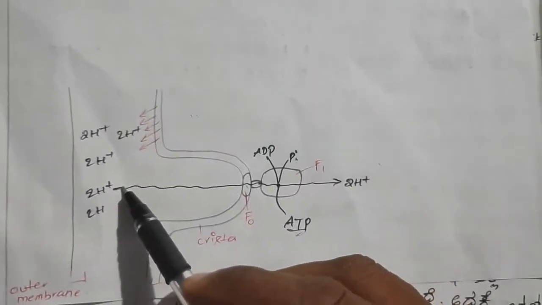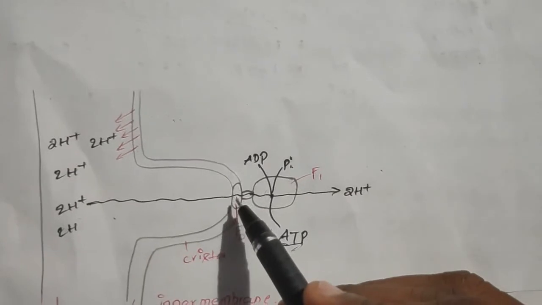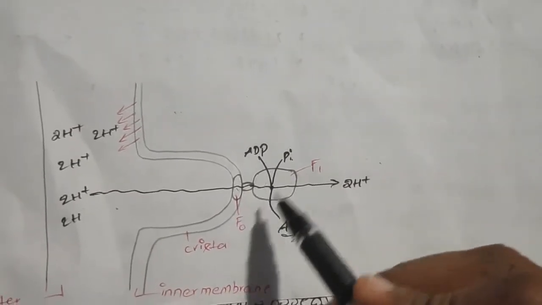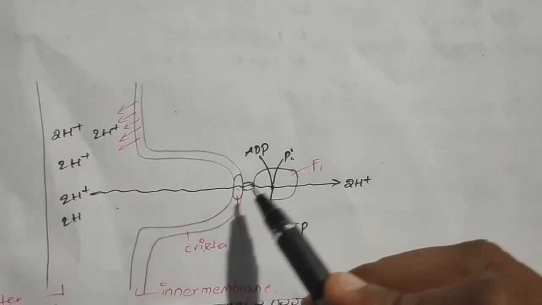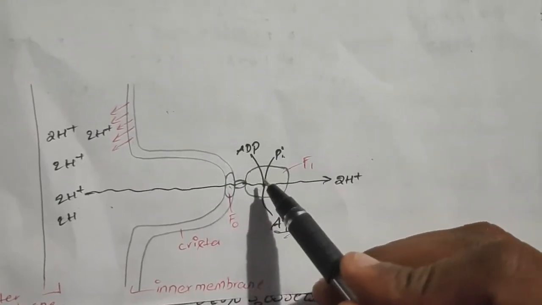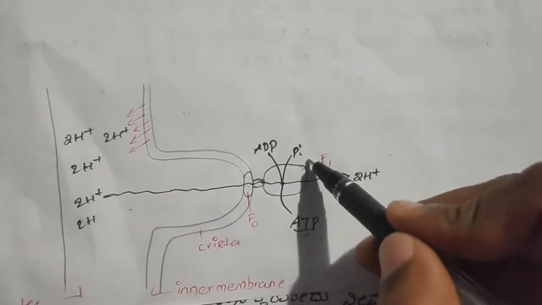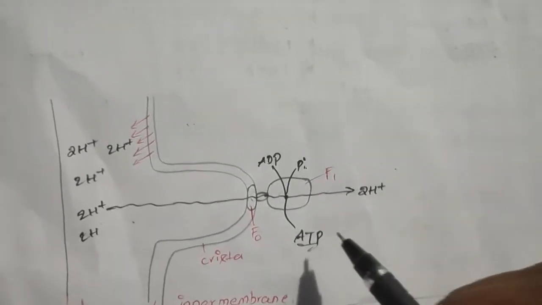Now this pair of protons should enter the matrix, and it enters only through these channels, F0 and F1. While entering at the F0 F1 place, it comes with energy. Using this energy, ADP combines with inorganic phosphate and changes into ATP.